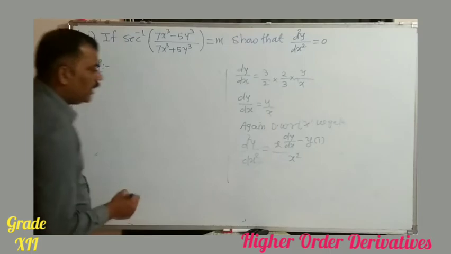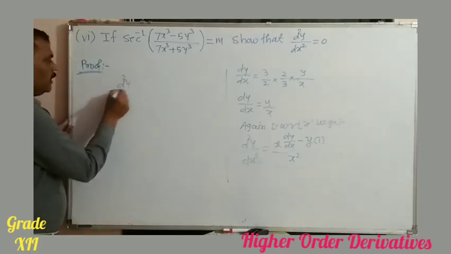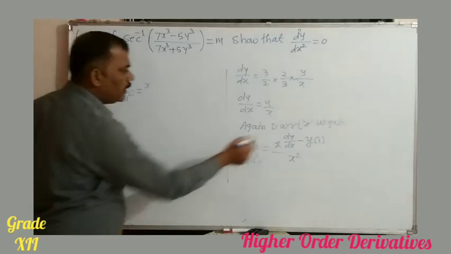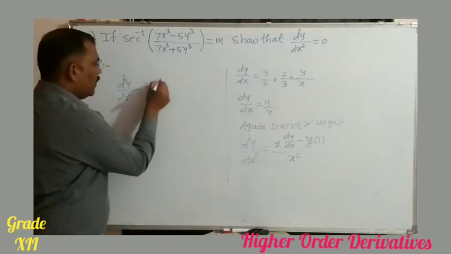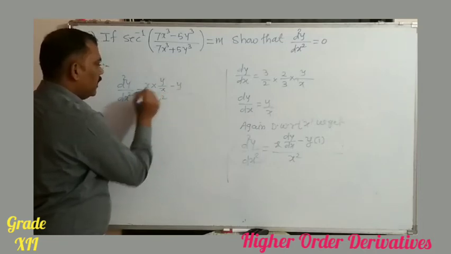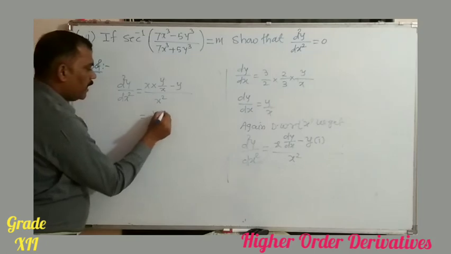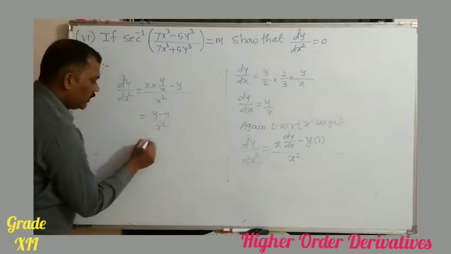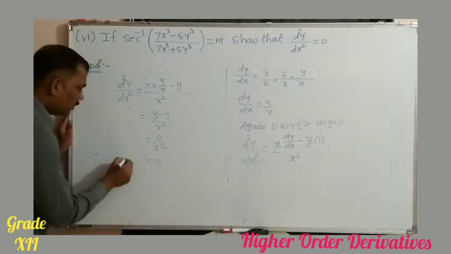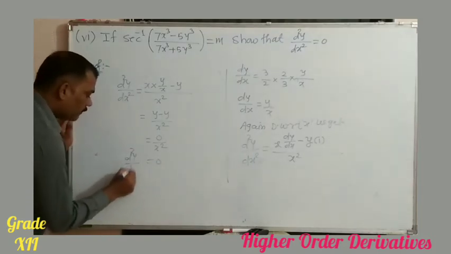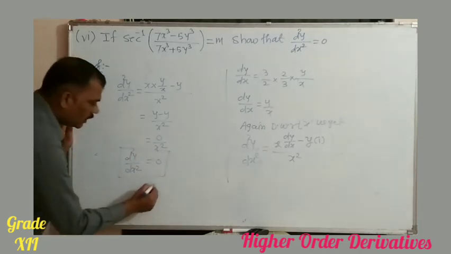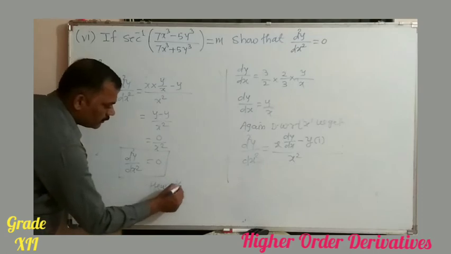So d2y by dx square is equal to x into, what is the value of dy by dx? It is nothing but y upon x, minus y divided by x square. X gets cancelled, so remaining y minus y divided by x square, that is 0 divided by x square, that is nothing but 0. This one, the d2y by dx square, which is the second order derivative, is equal to 0, hence the proof.